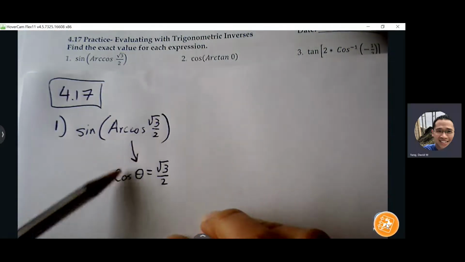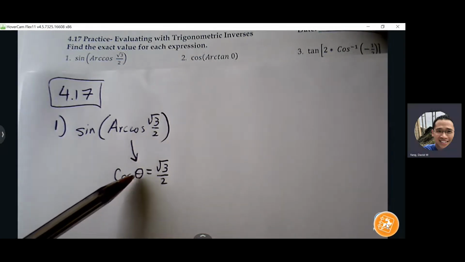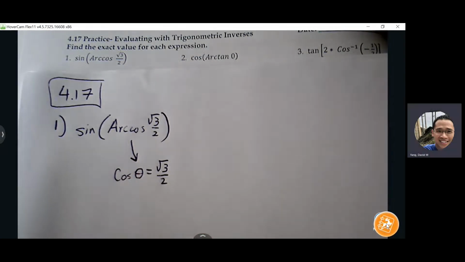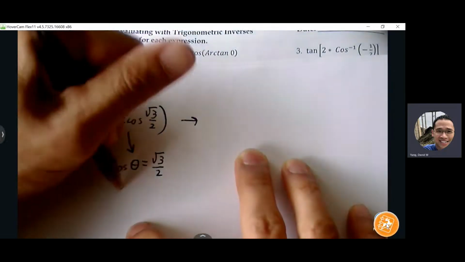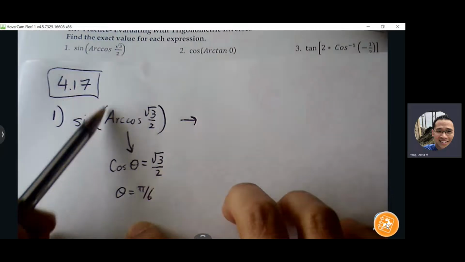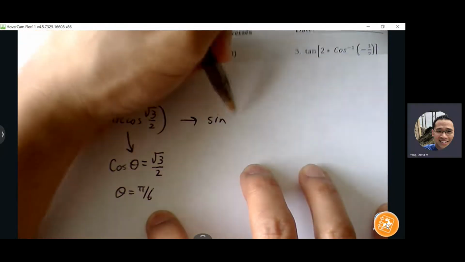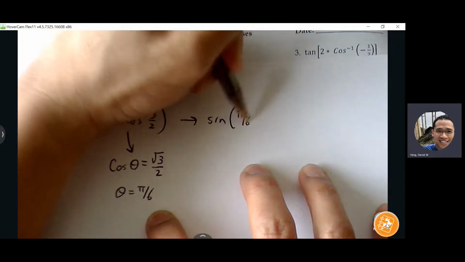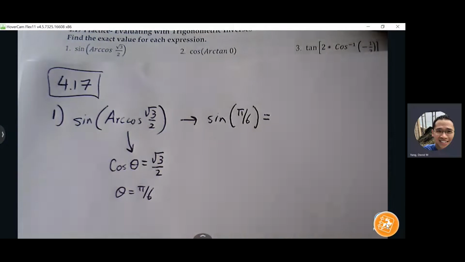That's another way of saying arc cosine, right? And so a cosine of what theta value is equal to root 3 over 2? Pi over 6. Yep. So we should make that substitution there. We know theta is pi over 6. And now we can replace this whole parentheses with pi over 6. And now we're just asking our question, sine of pi over 6 is equal to what? 1/2. Yeah.